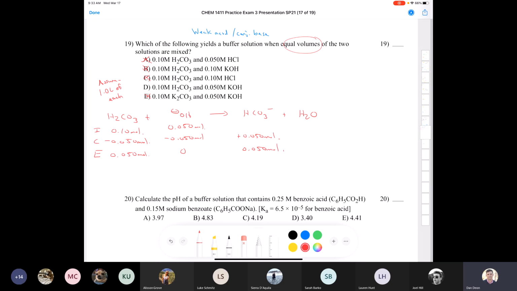If I assume it is 1.0 liters of each, then at equilibrium, the concentration of my carbonic acid is 0.050 molar, and the concentration of my bicarbonate ion is also 0.050 moles per liter. And so I have an equal concentration of the weak acid and its conjugate base, and so that is going to make a buffer solution.